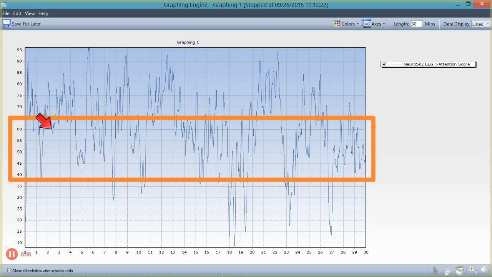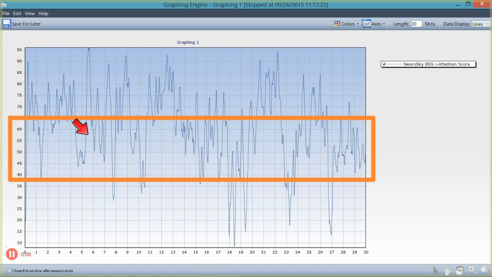So here the tone would be triggered, and here it's getting increasingly loud as it's going down. Here it would be very loud, but this is during a rest period, so we don't hear it. But anytime during the training periods when the eSense value of attention drops below 60, we're going to hear that tone.